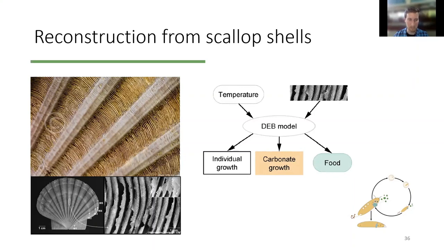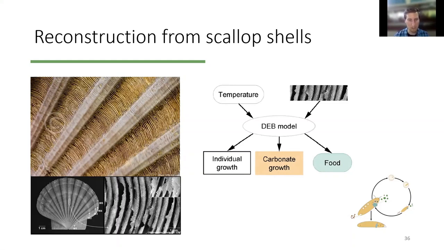What's interesting about this species is that you can measure the daily growth rate of these organisms by looking at the increments of their shell.